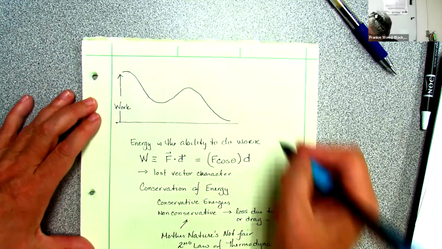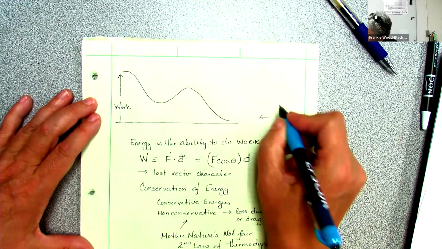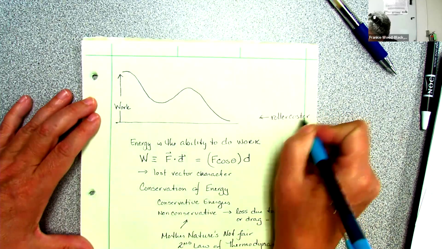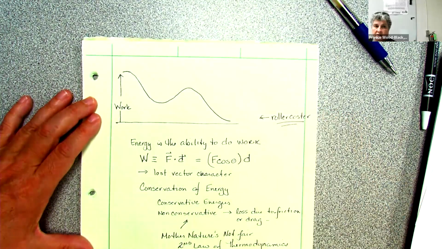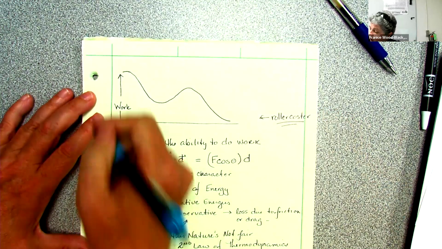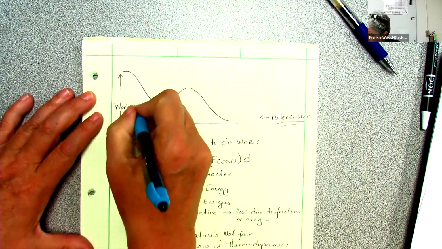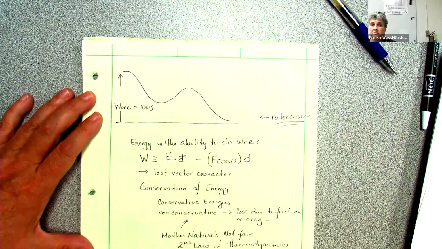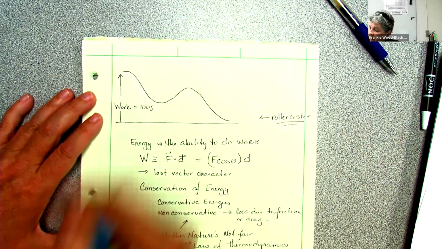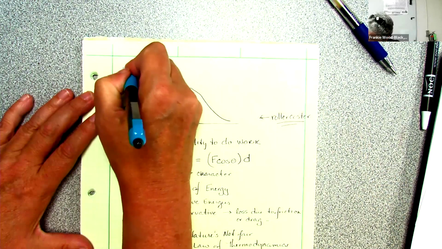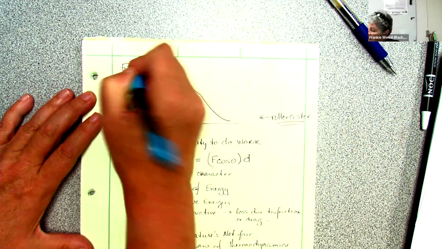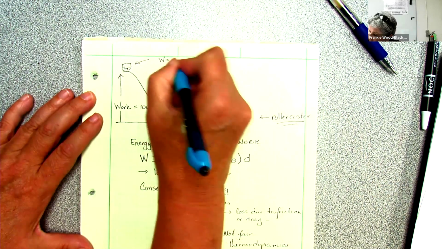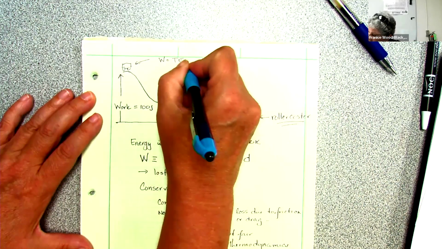So we're going to look at our roller coaster here. So we've got our roller coaster here. And so if I do work, and let's say I've done 100 joules of work, and now I'm looking at my little roller coaster car up at the top, we know that the work to get to the top is going to equal our total energy at the top.